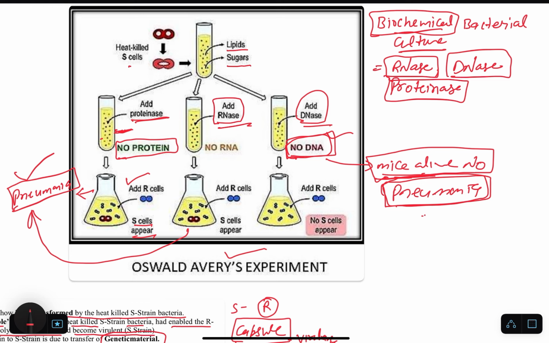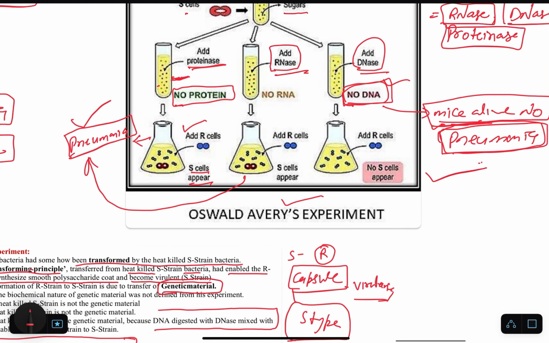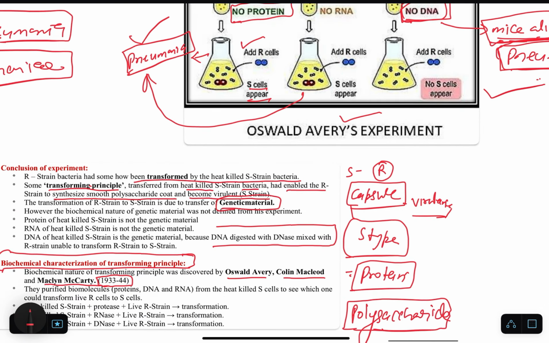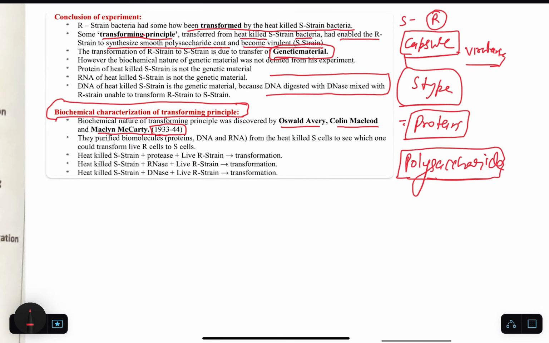But when DNA is not transferred, the R type is not converted into S type, and due to which no pneumonia is caused and mice is alive. It clearly shows that the material which transfers from the S type to R type is DNA, and it transforms it into S type.